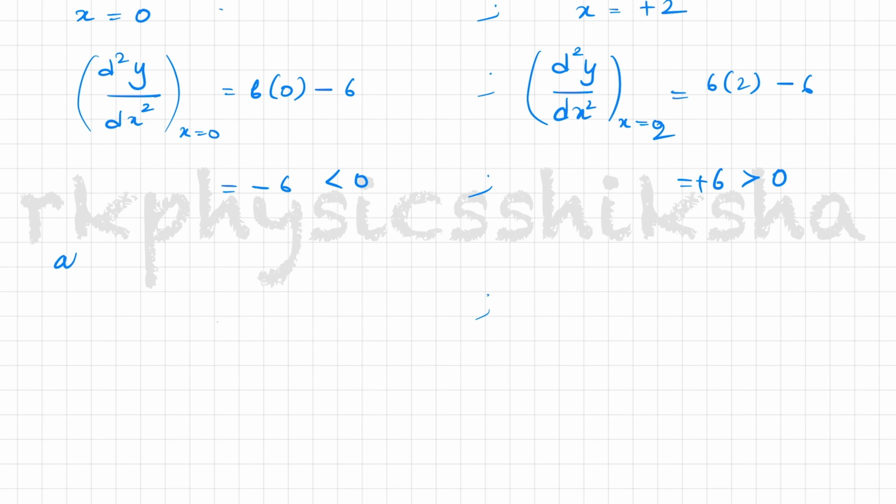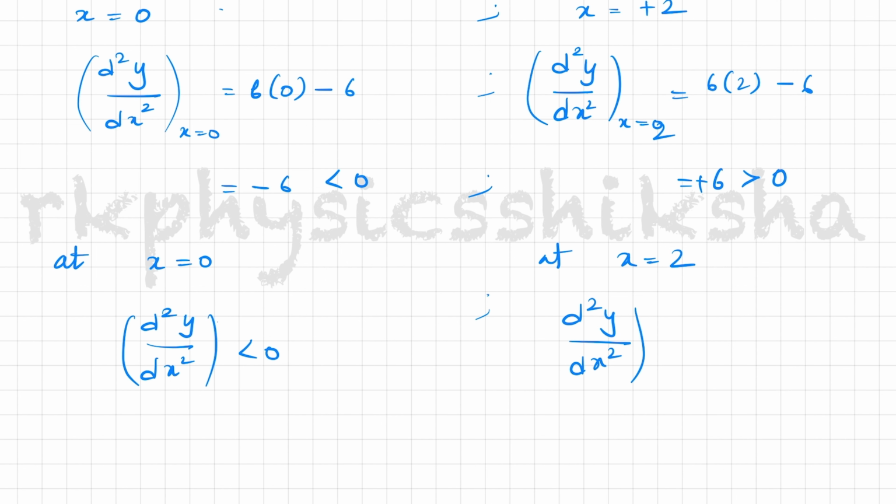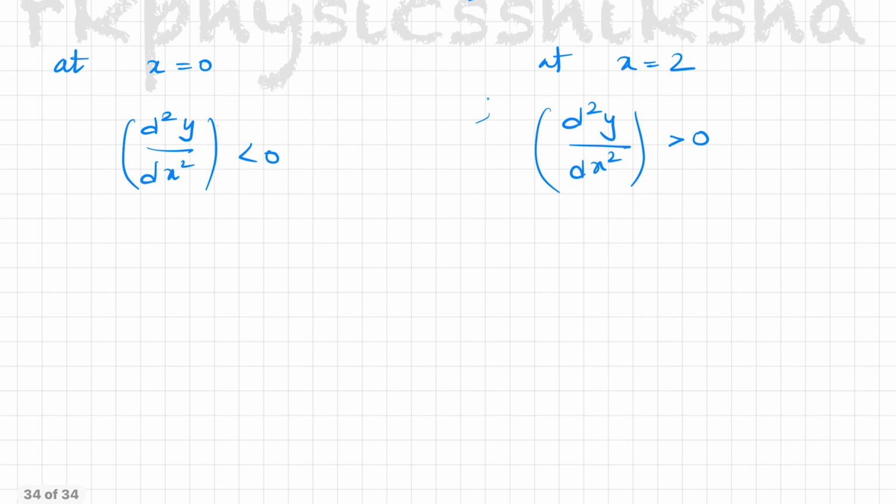So at x is equal to 0, d square y by dx square is less than 0, and at x is equal to 2, d square y by dx square is greater than 0. What did I give you as a condition for maxima or minima? If d square y by dx square is less than 0, that means that is the point of maxima.